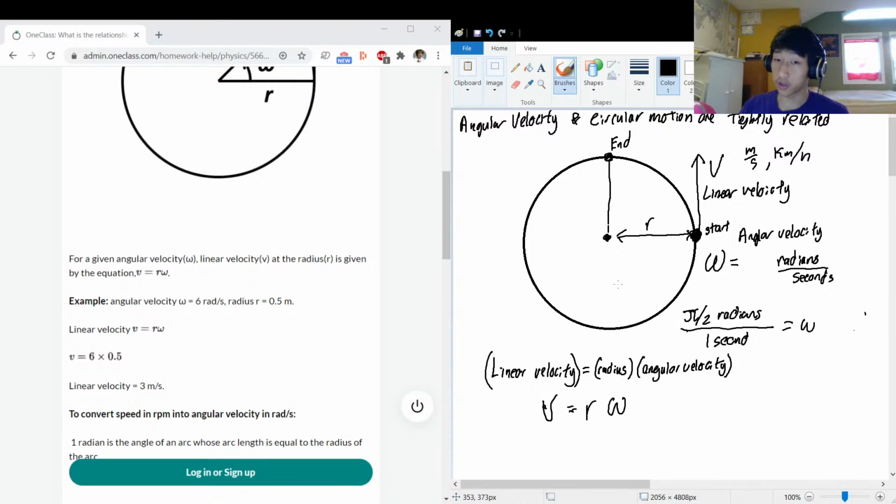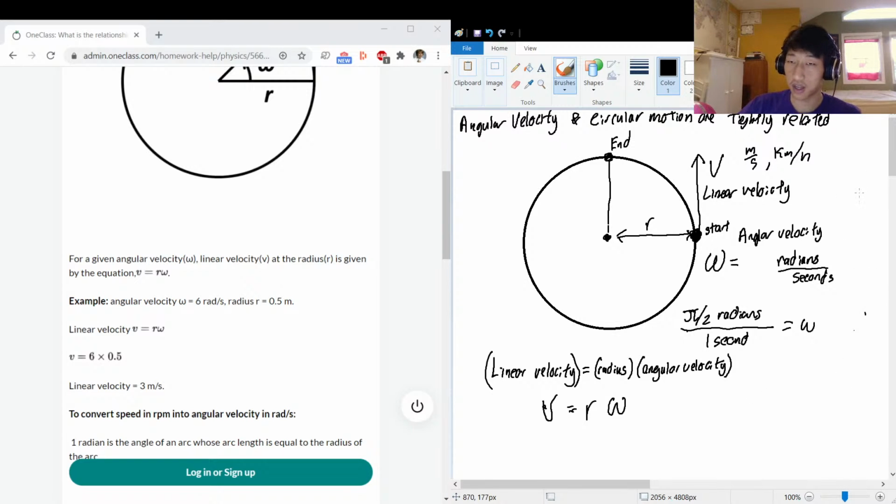But if your circle is much smaller and you have a small r value, maybe around a roundabout, if you're driving at 10 kilometers per hour around a roundabout, your angular velocity is going to be quite high, because you might go around the roundabout 5 or 6 times in a couple of minutes. That's going to be a much higher angular velocity as opposed to driving around the whole Earth.